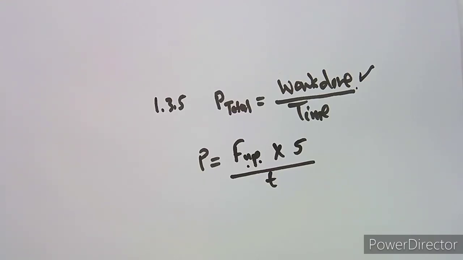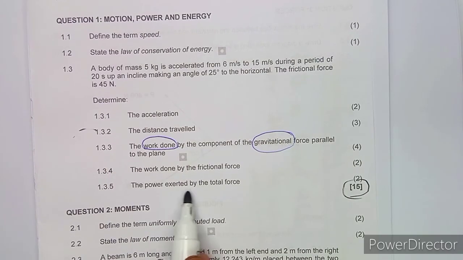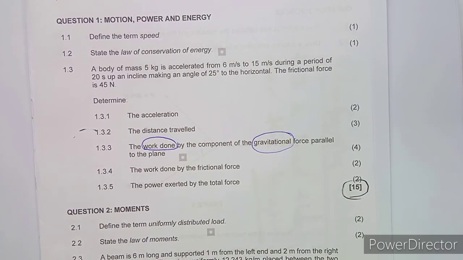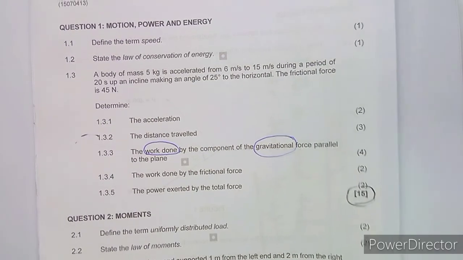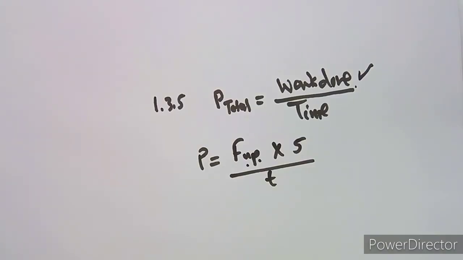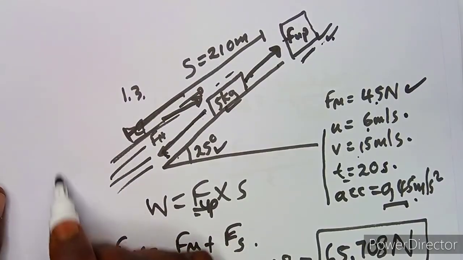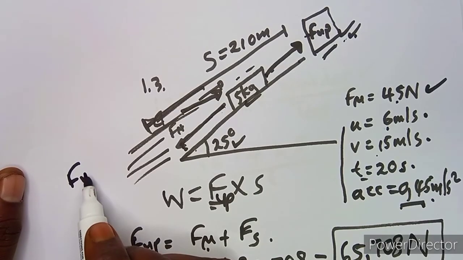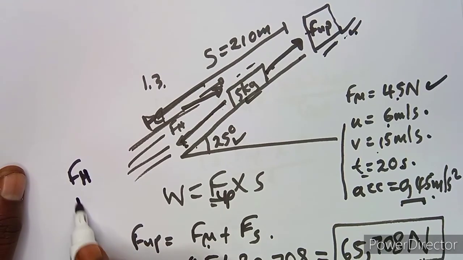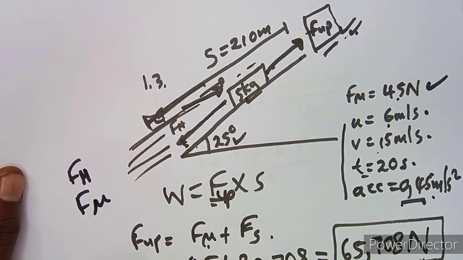Guys, let's come back here. We need the power exerted by the total force, which means the one that is making the object move. As it is moving, there are these two forces which are opposing. The parallel component is opposing, the frictional component is opposing.